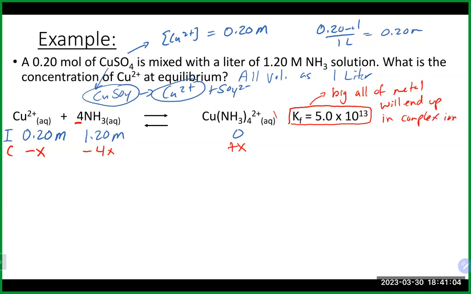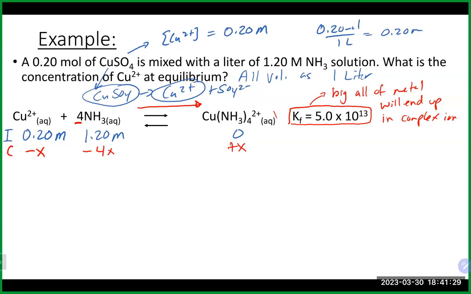That's a pretty safe assumption in a lot of these problems because the values are so large. Even though it is a reversible reaction, it's almost like a one-way street heading towards the product side. It's almost like it's all going to the product side, but it is still a reversible reaction, so a little bit of it is going to come back the other way.